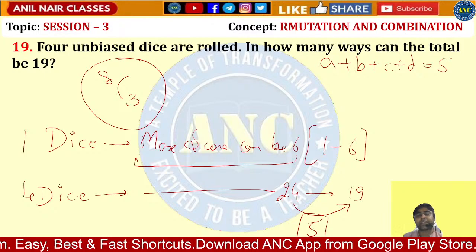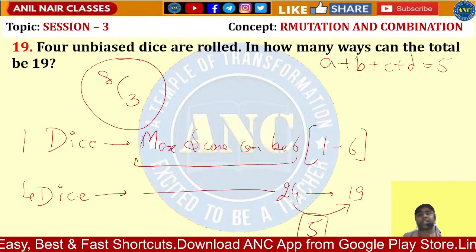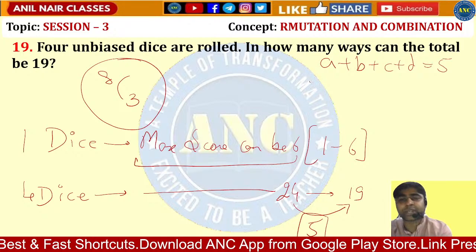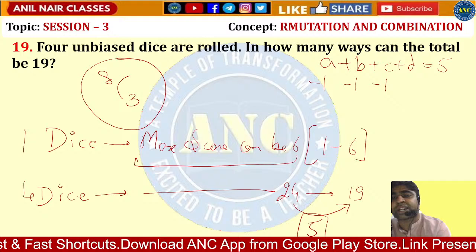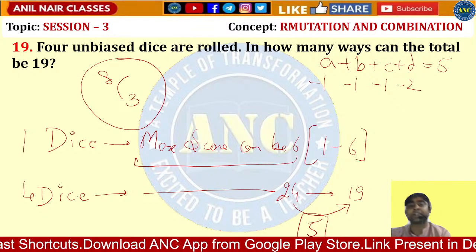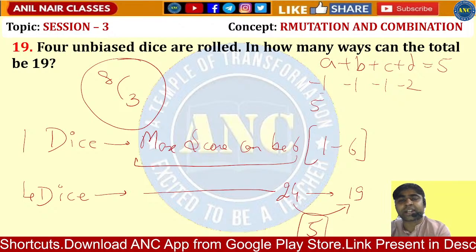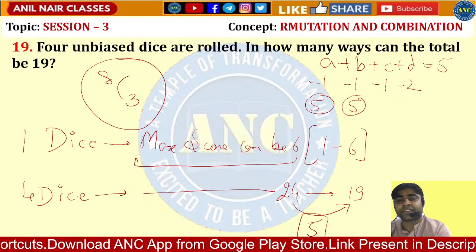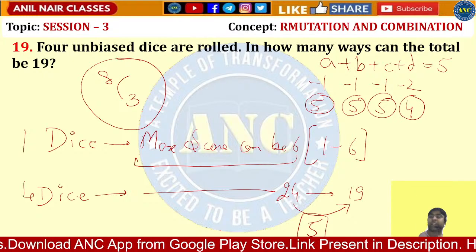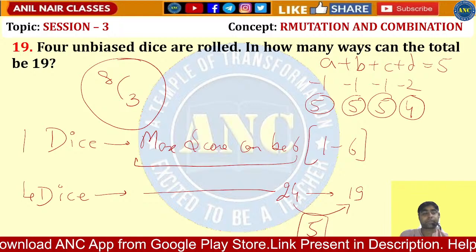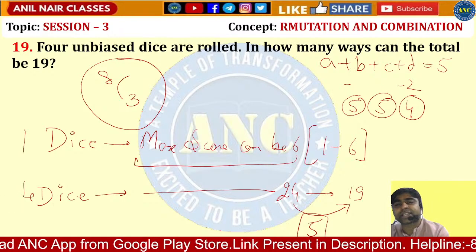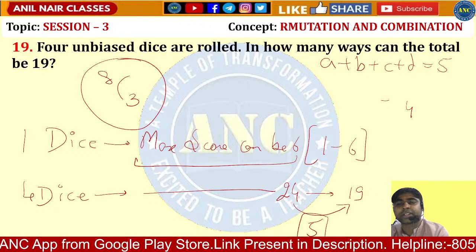If A is 1 less, B is 1 less, C is 1 less and D is 2 less, what does that mean? Then the dice rolls I got are 5, 5, 5 and 4. I got 1 lesser than the maximum value possible, and 2 lesser than the maximum value possible.